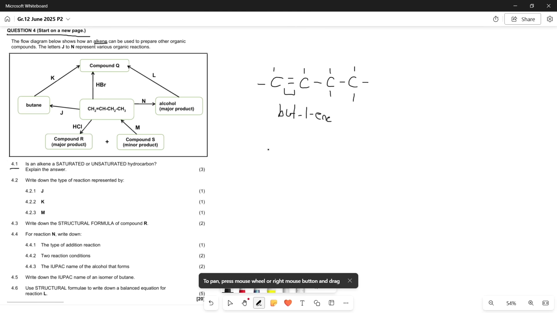So a nice way that I like to think about this, we have saturated versus unsaturated, and "I sat down to sing" is a little memory device that I use in order to remember that saturated are just single bonds compared to unsaturated, which also have double or triple bonds in the mix, which means our answer for an alkene, which has double bonds, is that we're dealing with an unsaturated molecule.